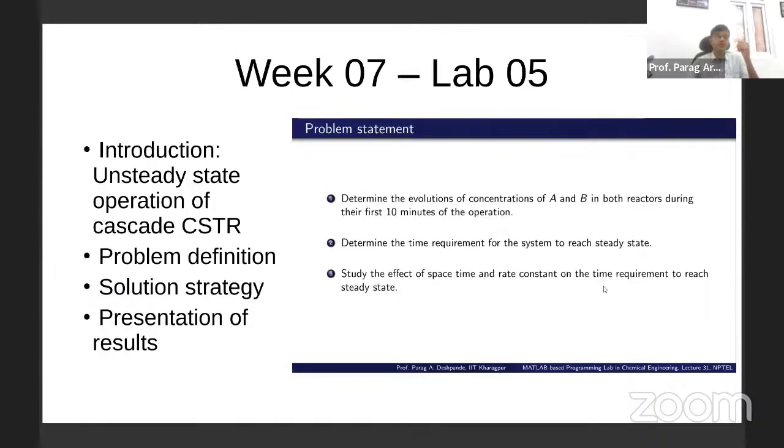So you had to determine the evolution of concentrations of A and B in both the reactors in the first 10 minutes of operation. Secondly, the time requirement to reach steady state, and this was an interesting exercise. We'll see how. And finally, the effect of various parameters of the system.